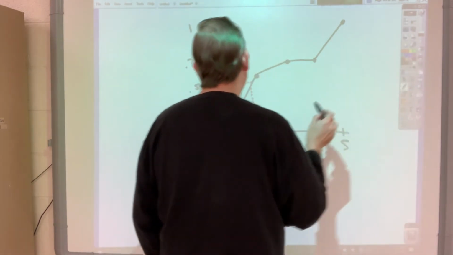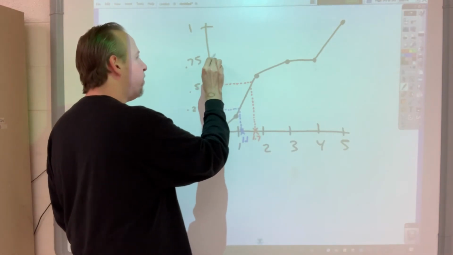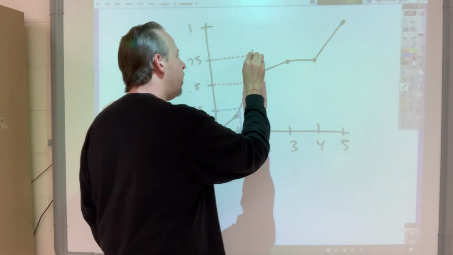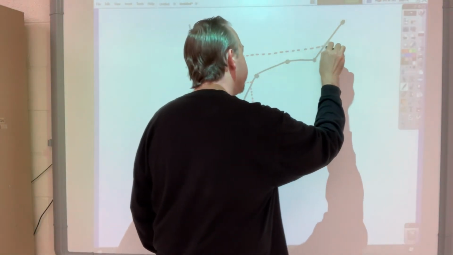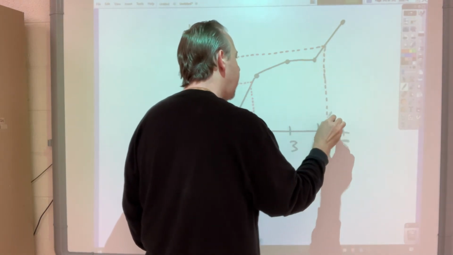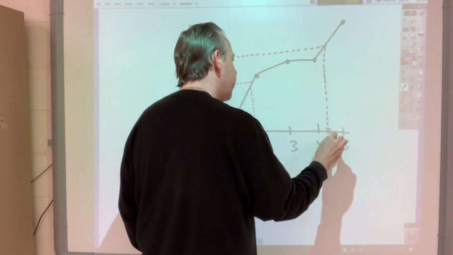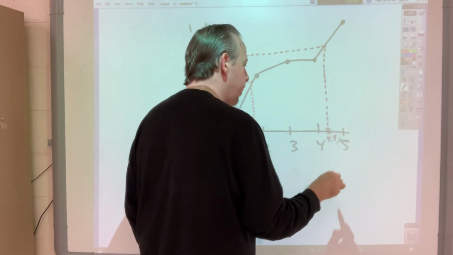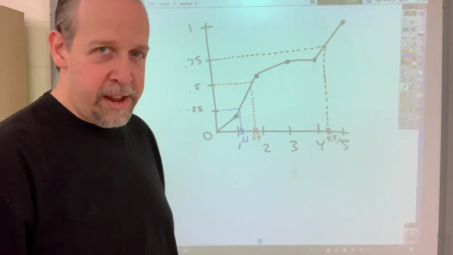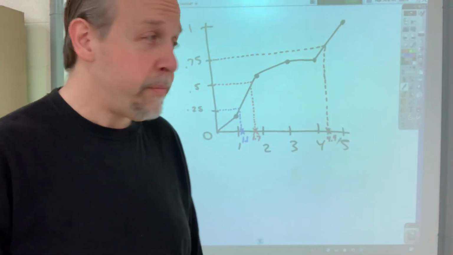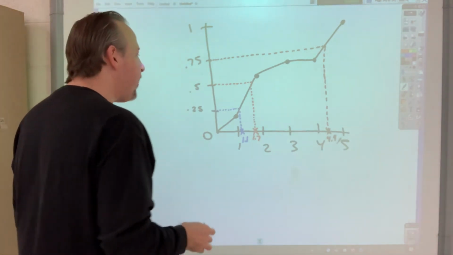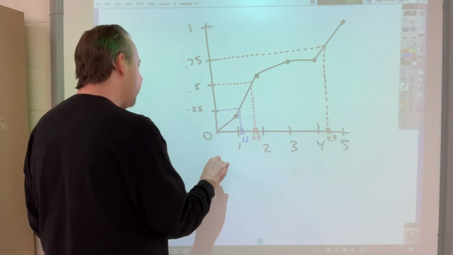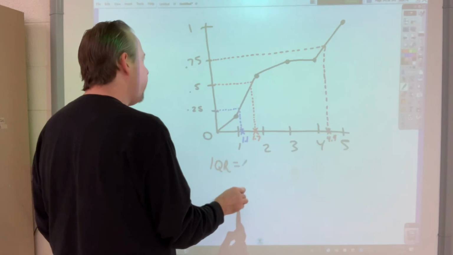Now let's find the third quartile. So I'm going to go to the 75% point, go over to the ogive where it hits. Looks like 4.4. Again, just estimating. This is just a hand-drawn graph for an example. From this, I could also find the IQR, because the IQR is Q3 minus Q1.